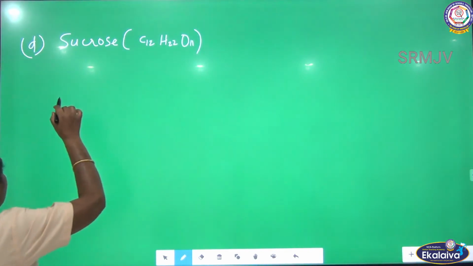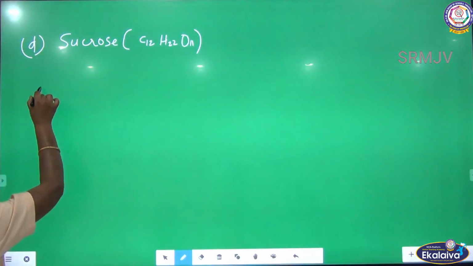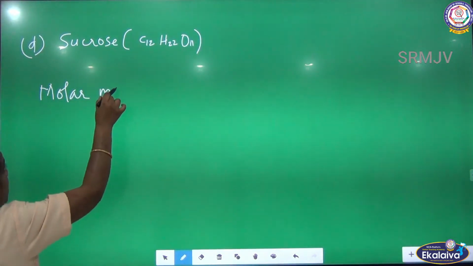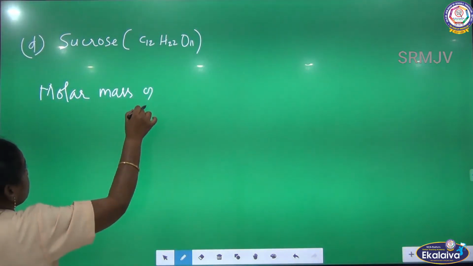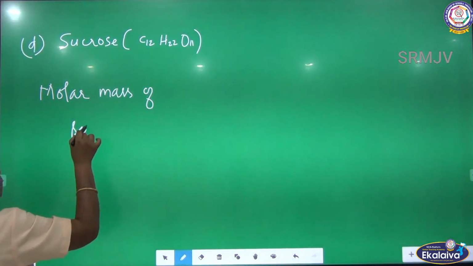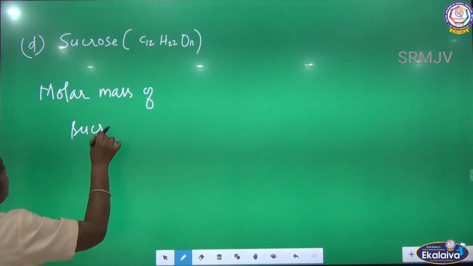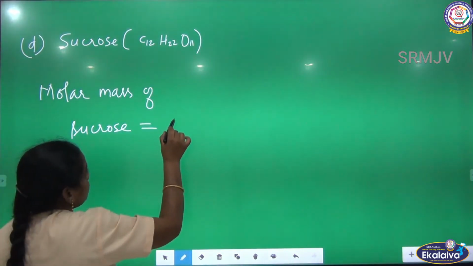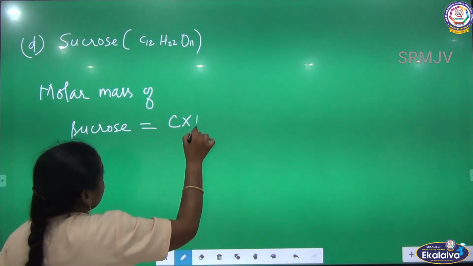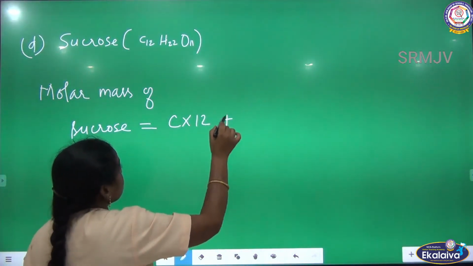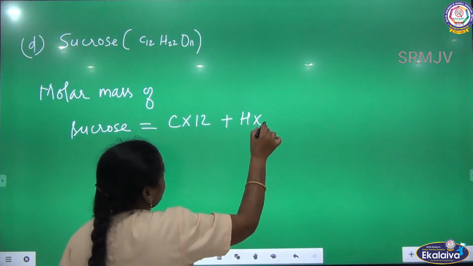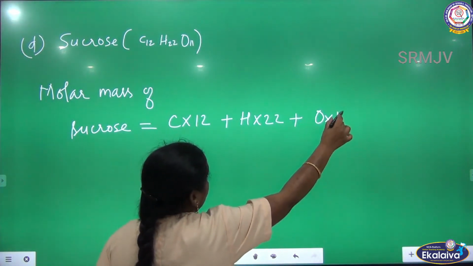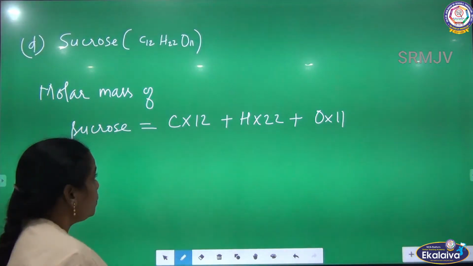So what is the molar mass? You can write here the molar mass of sucrose equal to carbon into 12 plus hydrogen into 22 plus oxygen into 11. Now you substitute the atomic mass.